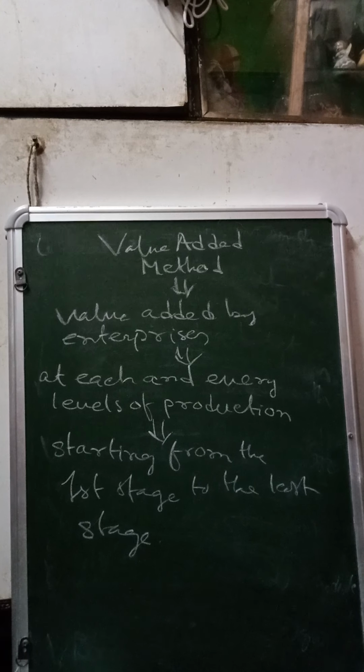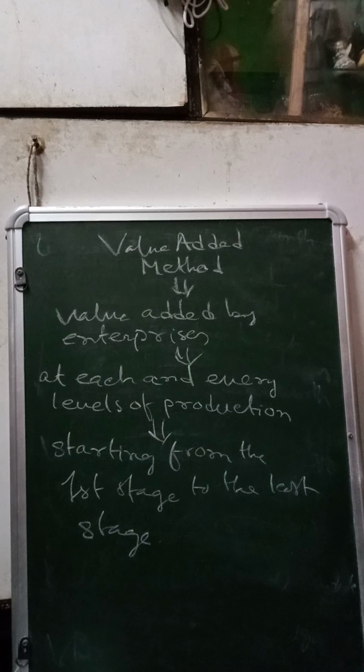But if I take an example, suppose a pen, right? For the pen, first we need the ink. Now that ink needs to be filled into the refill, and that refill is then used in the pen, the final pen, which we use as the final output. So three stages are involved. When we are converting the ink into the refill into the pen, we are adding some value.